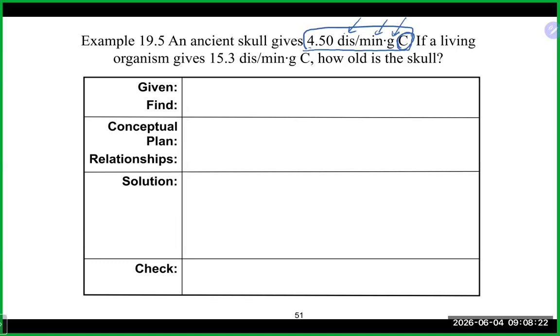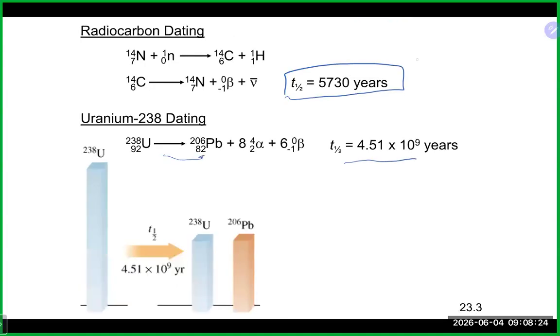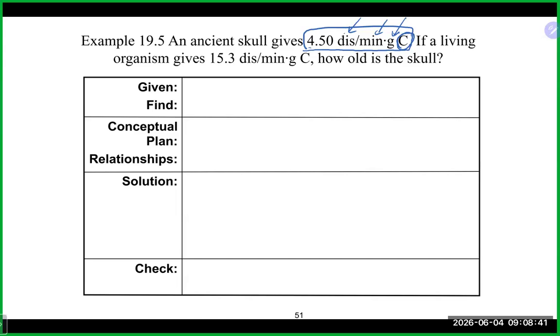The importance of that is it tells us that we're doing carbon 14 here, and that is the half-life we would want to use in these types of problems. So for any rate of radioactive decay involving carbon, you may be doing some type of carbon dating, and your half-life there is 5730 years.